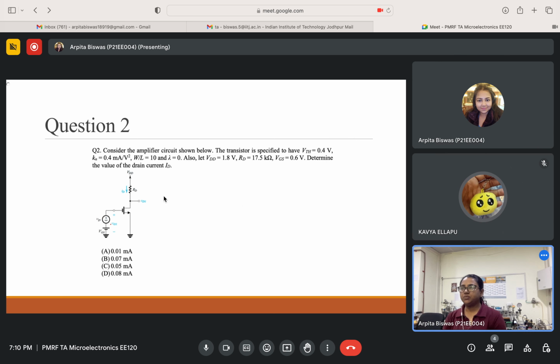This is question number 2. Consider the amplifier circuit shown below. The transistor is specified to have VTH equal to 0.4 volt, and small kn is given as 0.4 milliamps per volt square. W by L is also given, which is 10, lambda equal to 0, and let VDD equal to 1.8 volts. RD is given as 17.5 kilo ohm, and VGS is 0.6. Determine the value of the drain current ID. Try.